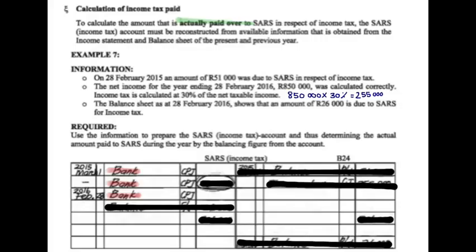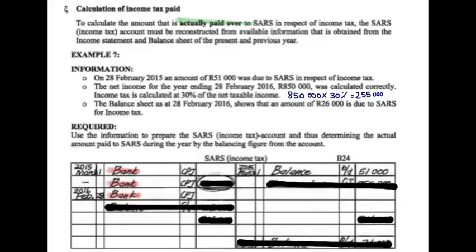On the 28th of February 2015, an amount of 51,000 was due to SARS in respect of income tax. Due to means that we owe that to SARS, so it would be a liability balance of 51,000 Rand. Then they say the net income for the year ending 28th of February 2016 is 850,000, was calculated correctly.